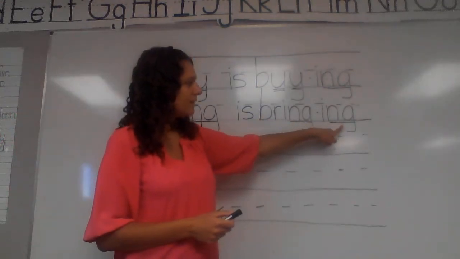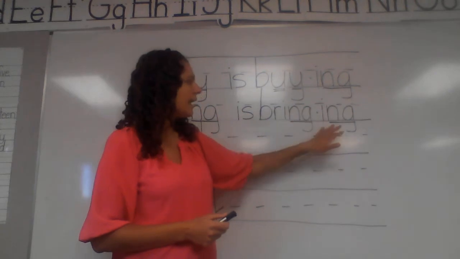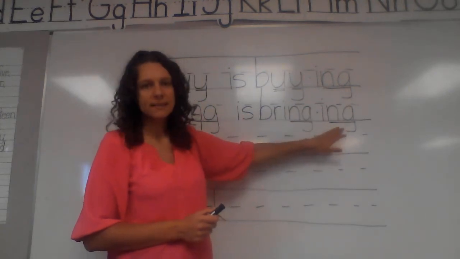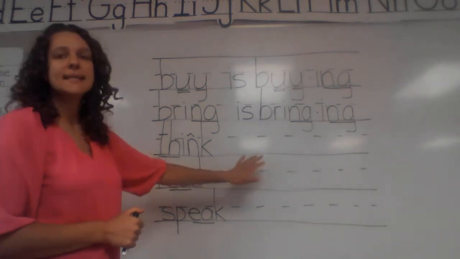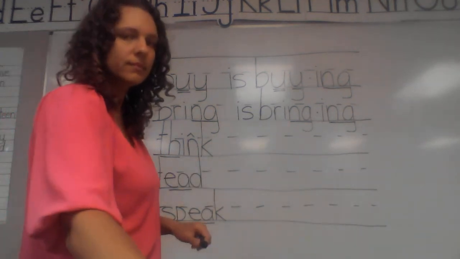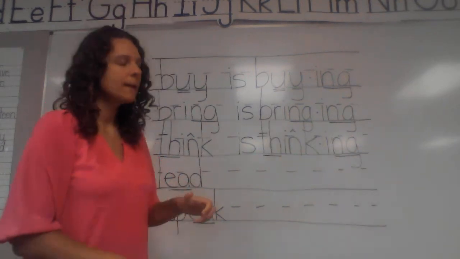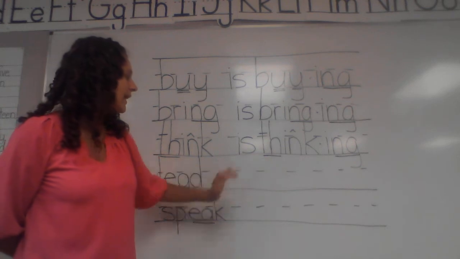Remember, we need both of these letters to make that ng sound, and ing always gets its own syllable. All right, go ahead and write is thinking. Is thinking. All right, this is what our is thinking should look like.